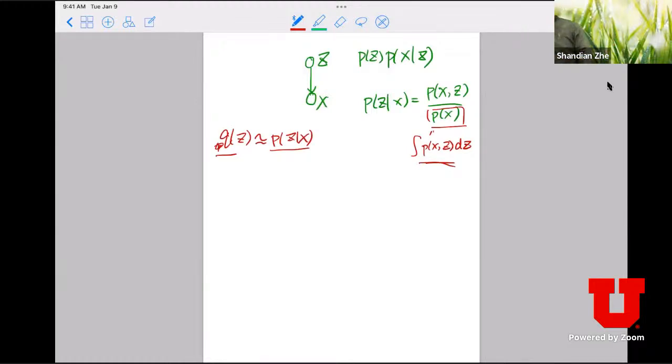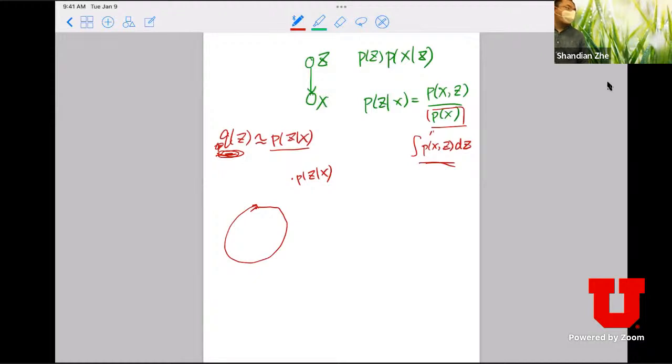I parameterize this approximate distribution with a known form like the Gaussian, so that I can find the best candidate in this approximation family, which is as close to the true posterior as possible.